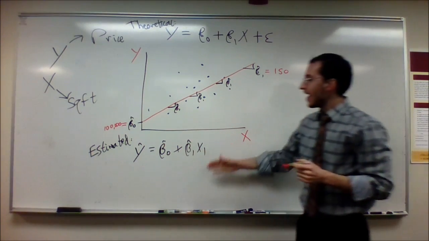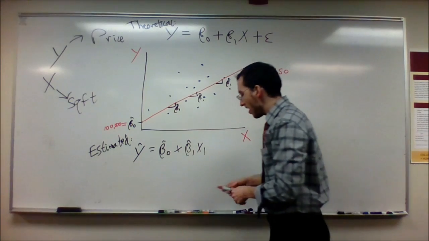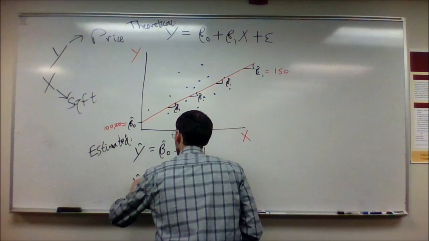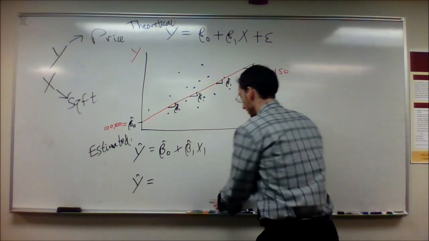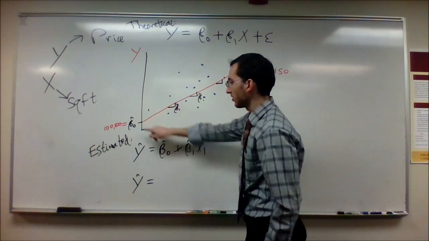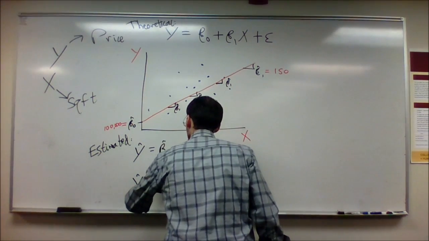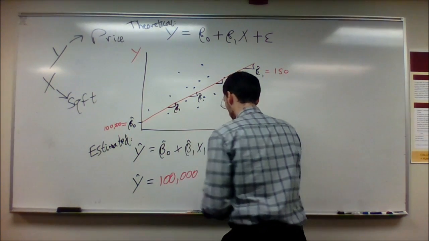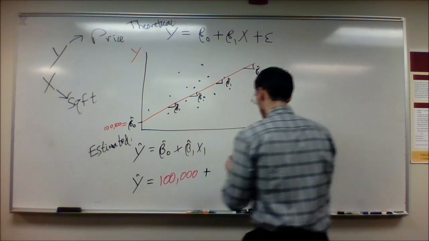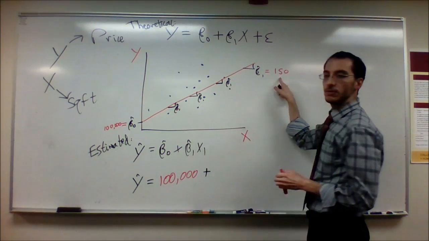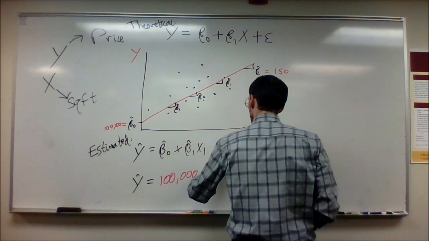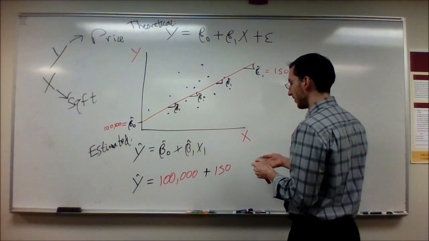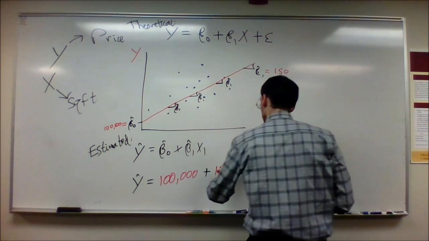What this means is that I can write an estimated model like this. Prediction y hat is equal to my estimated intercept, which is 100,000, plus the value for the slope of my line, which is 150, times my explanatory variable, x.